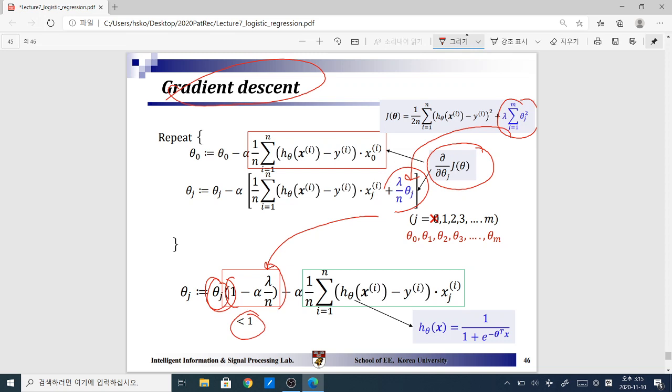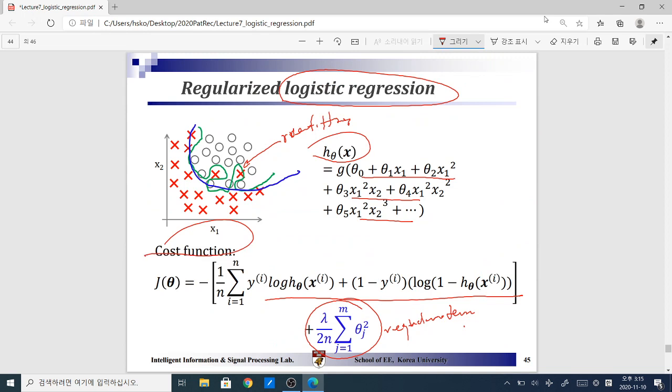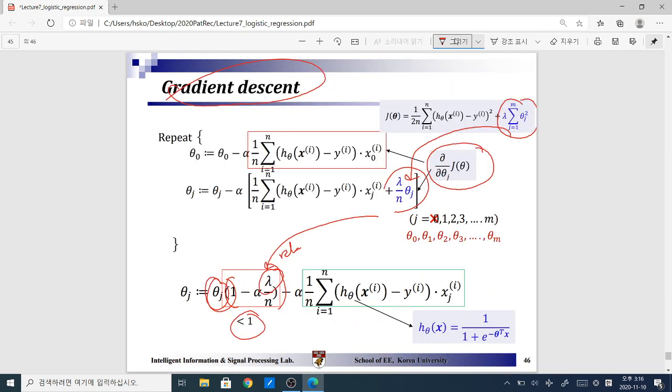So that would be the end effect of the gradient descent using this regularization term. In other words, this theta sub j is going to continue to shrink.